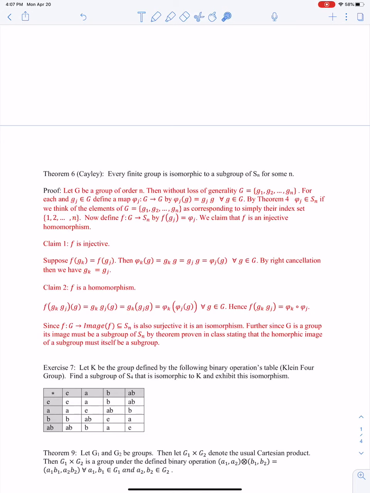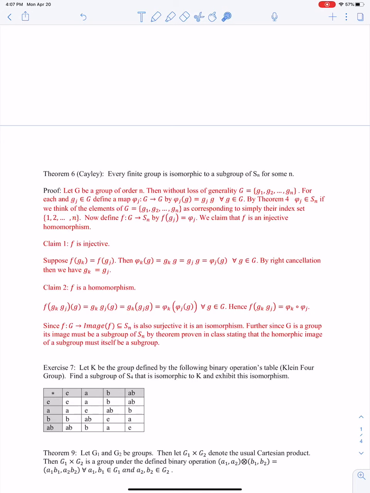It's the set of all permutations over the set 1 through n. Well, I claim that I can think of the set 1 through n as the same as my set G if I just identify g_1 with its index 1, g_2 with its index 2, ... g_n with its index n.